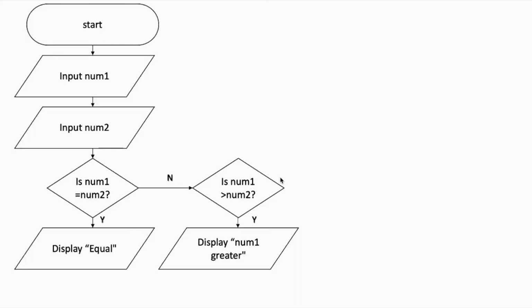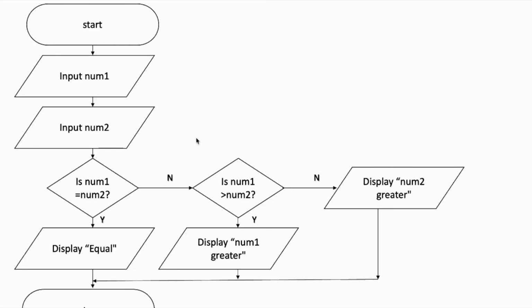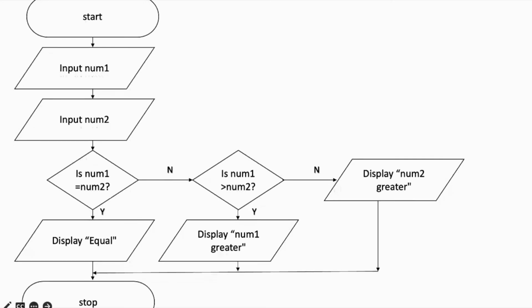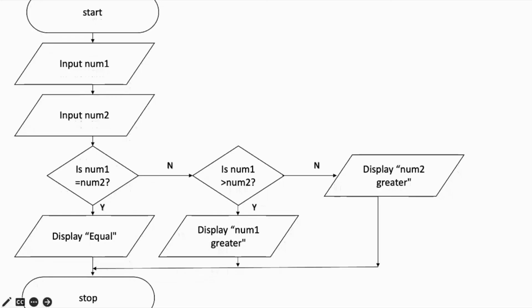If yes, display num1 greater. If no, display num2 greater. Down the bottom, it's gone off the screen unfortunately, we've got a stop terminator at the bottom. All of these outputs are going down to stop, and that is the completed flowchart.